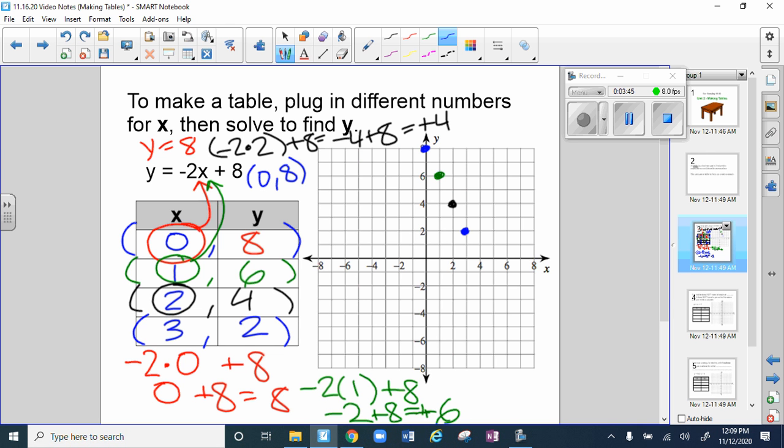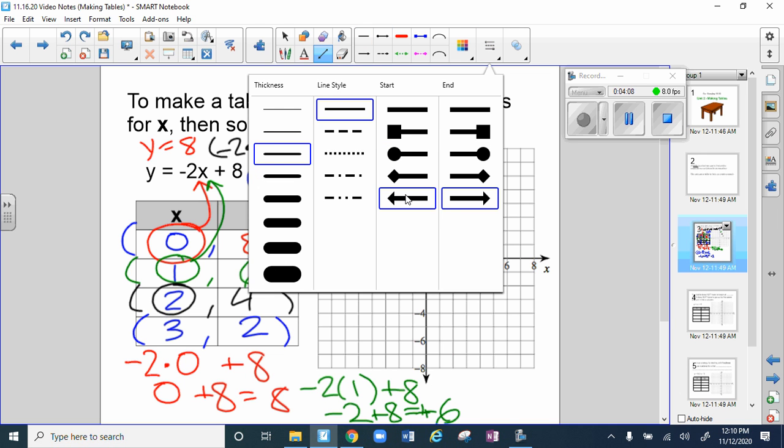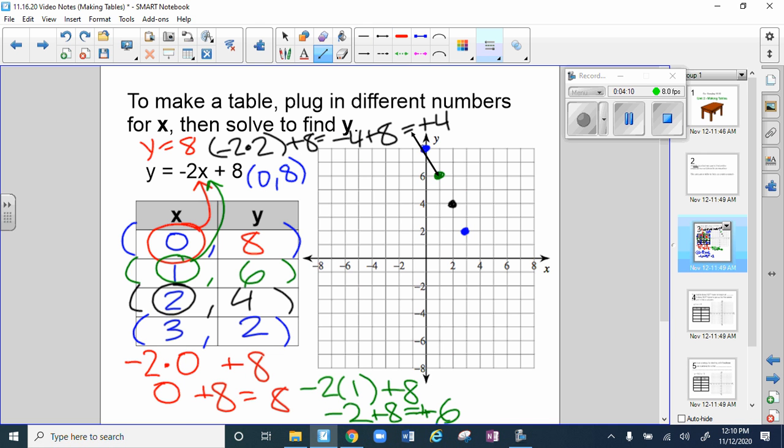So my table is organizing the solutions to my equation, and it can help me create my graph because I can look at my table and see, okay, my points that I'm plotting are 0, 8, 1, 6, 2, 4, and 3, 2. And then I can draw my line through these points. And I want to make sure that I have arrows on both ends of my line.